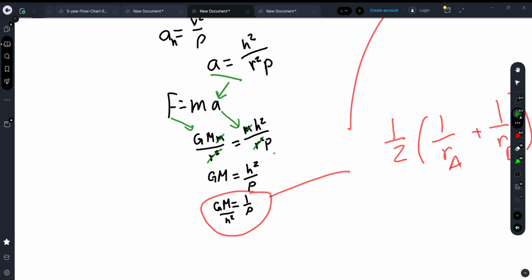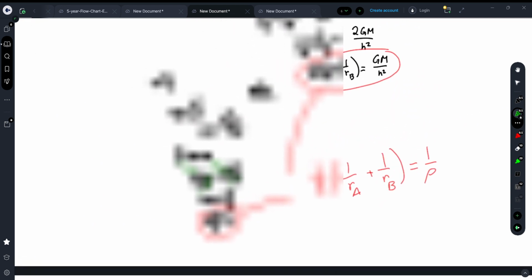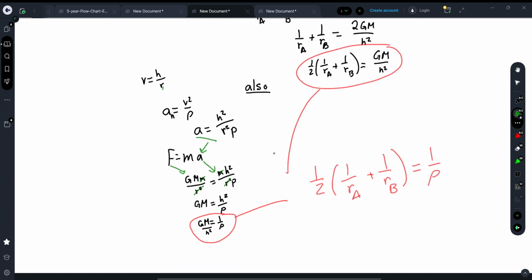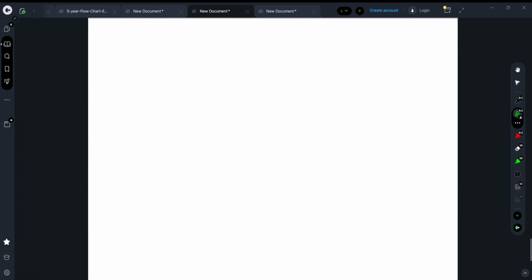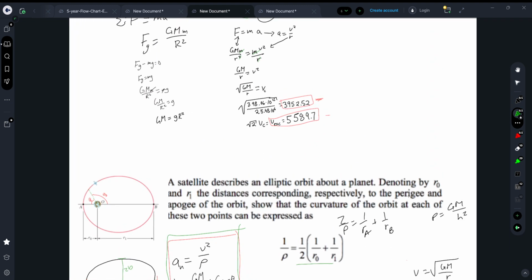And then cancel off our m's, cancel off our squares, and we have GM equals h squared over rho. And then if we just divide both sides by h squared, boom, that's the exact equation that we had up here. And so if we just bring them both down, we've proved it. Okay, thank you.